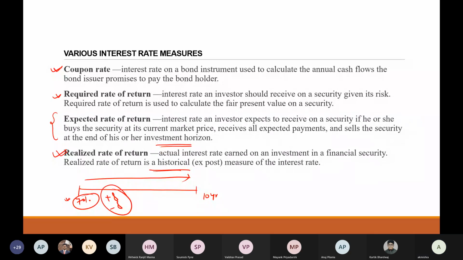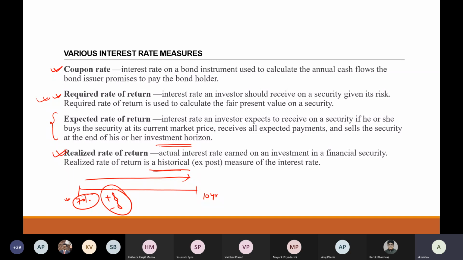So expected, when we say it, is basically on a long time horizon, and how much return you are going to get from your investment. And required rate of return is the minimum return you should get to take an investment decision. And realized means what you actually realize.